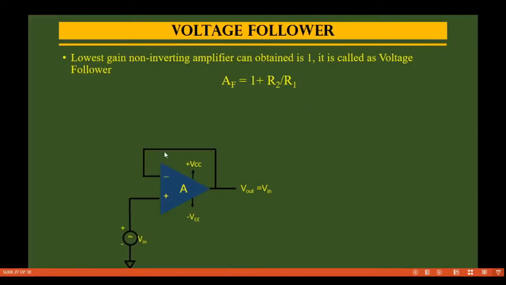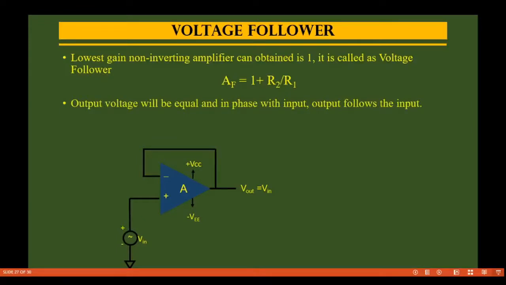Since we have eliminated the feedback resistances R1 and R2 and set them equal to 0, AF equals 1, and this is the lowest voltage gain that we can achieve using a feedback amplifier. So the output voltage will be equal to and in phase with the input, as we are applying the input voltage at the positive side.